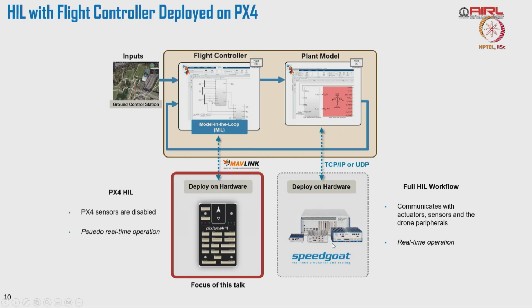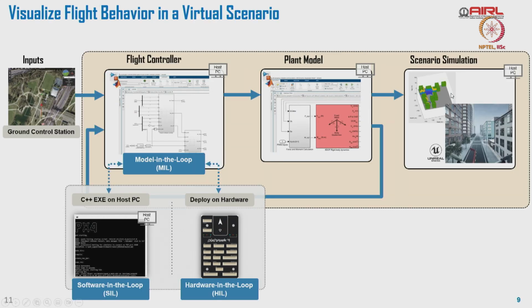I can validate real-time simulation and testing is possible, where you can think about how your communication takes place between actuators and sensors and different peripherals that you have, and you can validate in real time. If you are not doing that, you can still think about the connection that you could have from Pixhawk to your plant model, right? So we talked about hardware in the loop deployment characteristics, right?